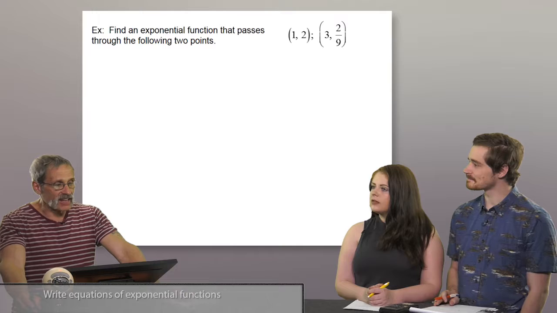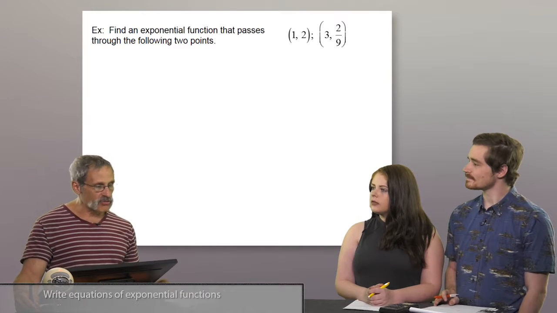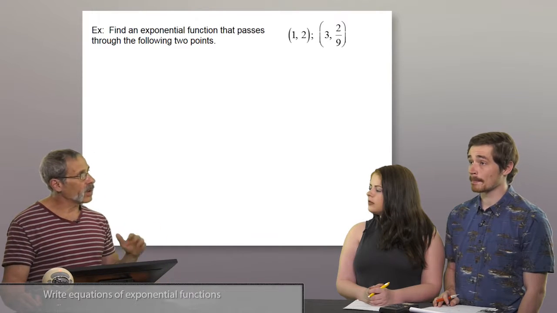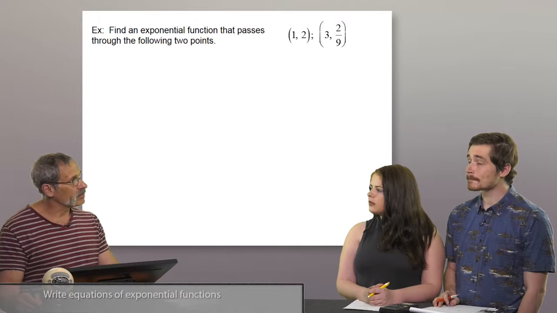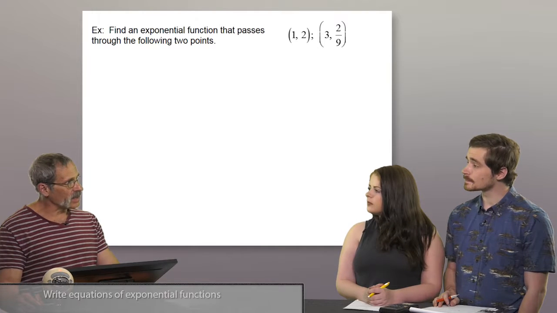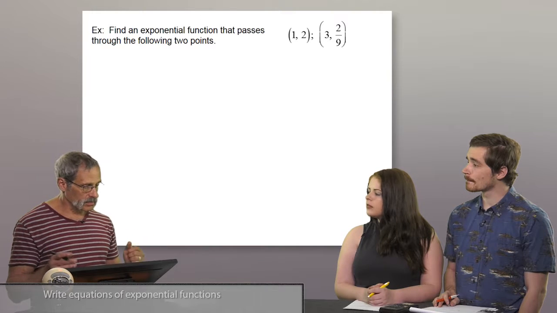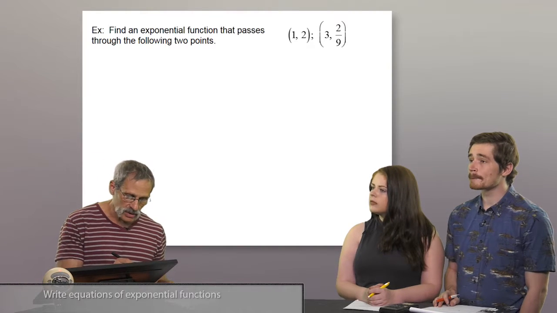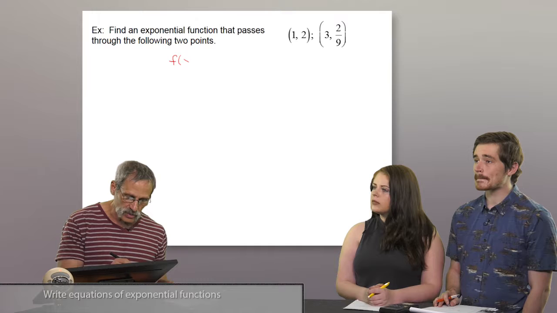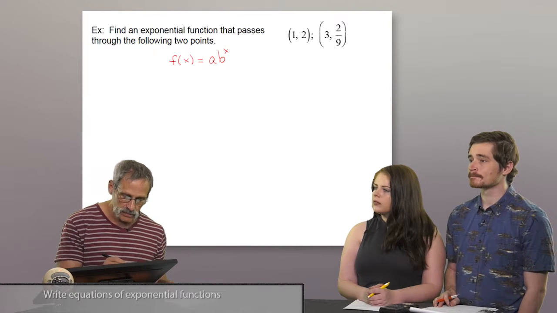Let's go ahead and find an exponential function that passes through the following 2 points, (1, 2) and (3, 2/9). Now notice neither point is in the form of (0, a). So first thing I'm going to do is write f of x is equal to a times b to the x.